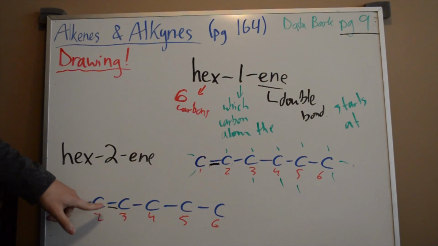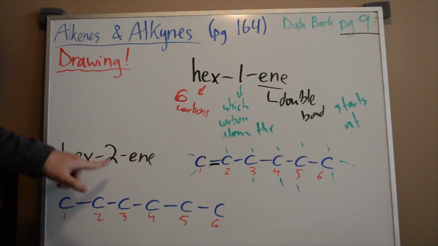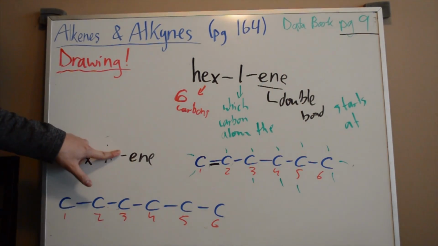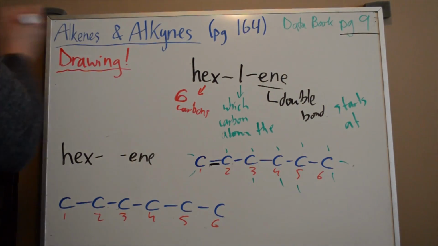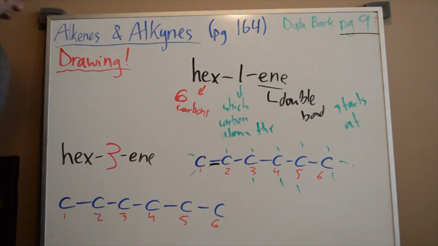And of course, hex 3-ene, we can even do it like here. If I had hex 3-ene, oh, where would that be? That would go like there, on the third carbon.